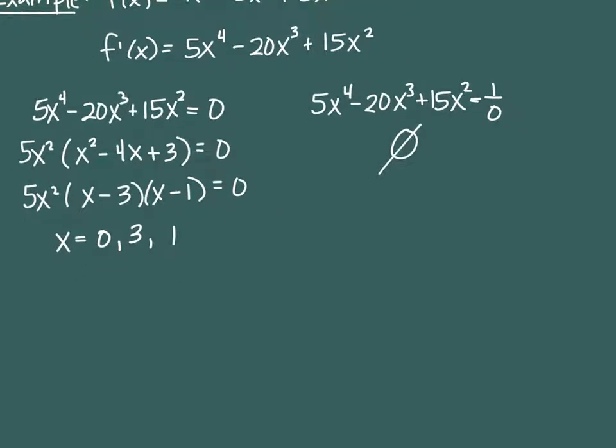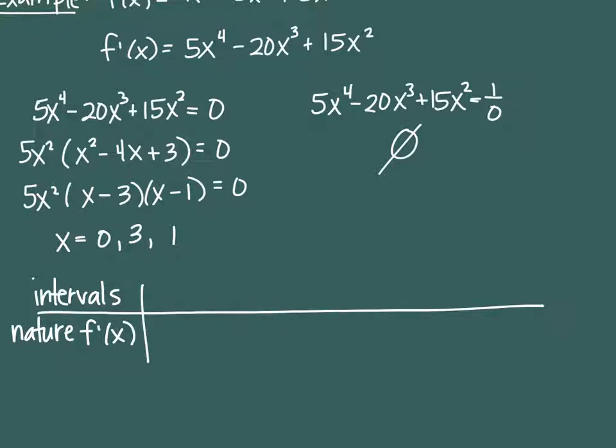And now what we want to do is look for a change in the behavior of the derivative, the behavior of the slope. And so we are going to have the intervals, and we're going to have the nature of f prime. You remember these from last year, making these charts? So we'll have an interval that's less than 0.